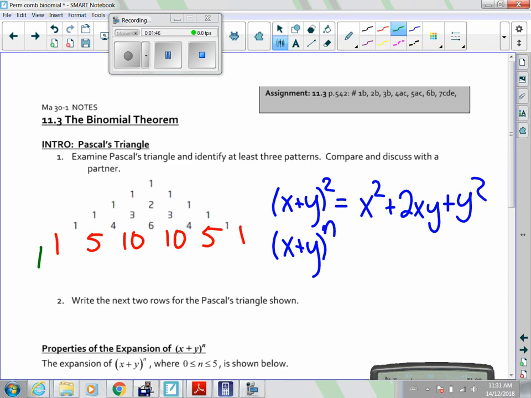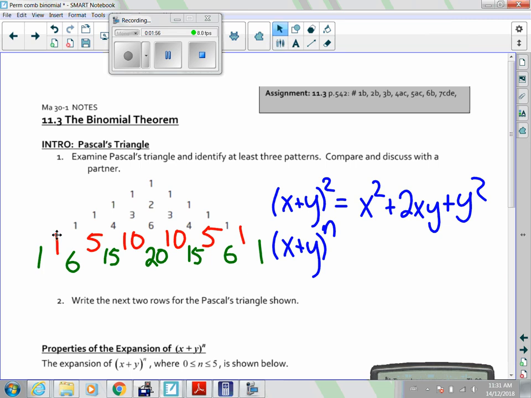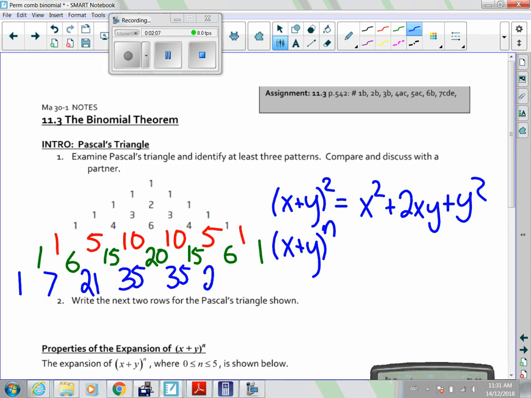This one's going to be 1, 6, 15, 20, 15, 6, 1. Next up is going to be 1, 7, 21, 35, 35, 21, 7, 1.